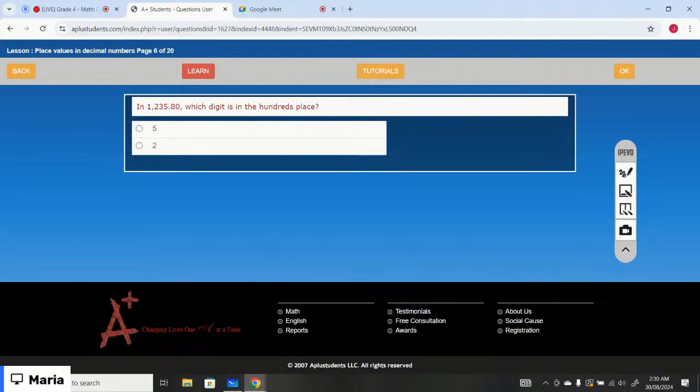In 1235.80, which digit is at the hundreds place? So which is the correct option?